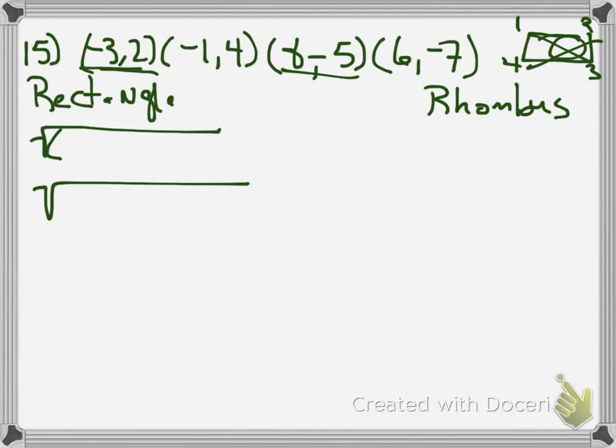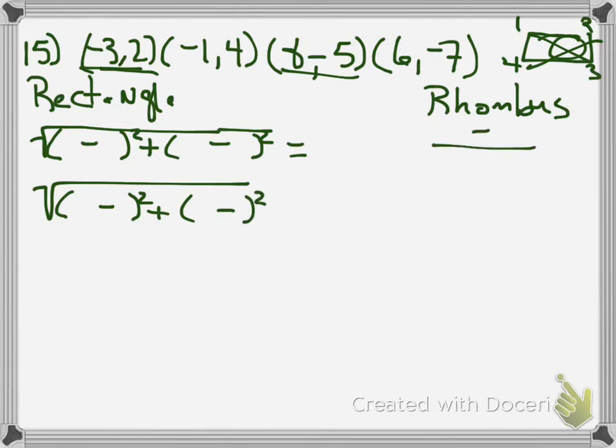So here I could type in, with the distance formula, negative, squared, you might want to make sure you add this to your formula sheet, squared minus like that, minus squared plus minus squared. For a rhombus, we're going to do slope, with y on top and x on the bottom.